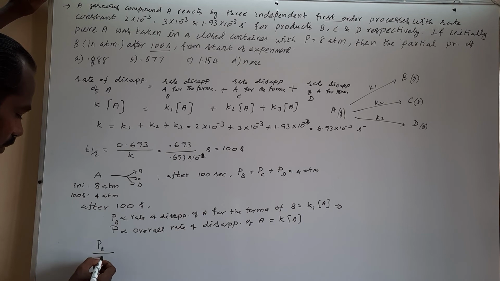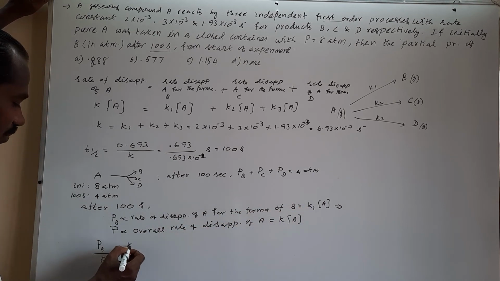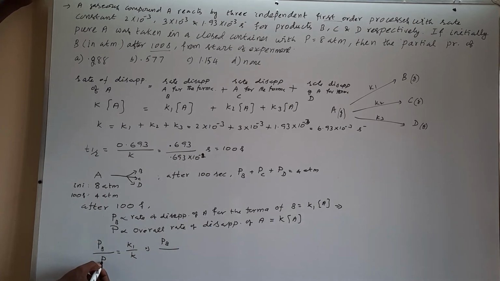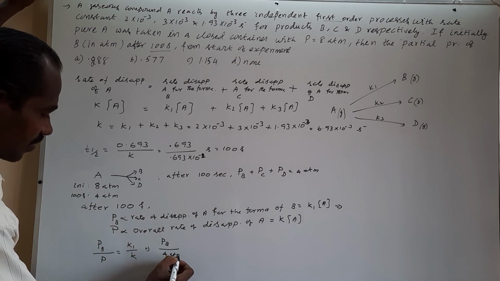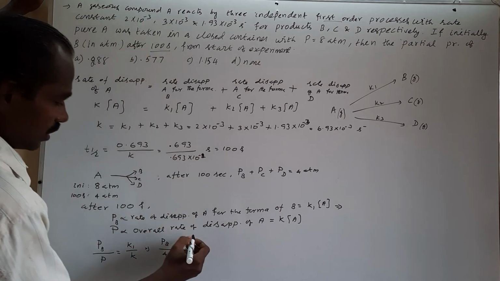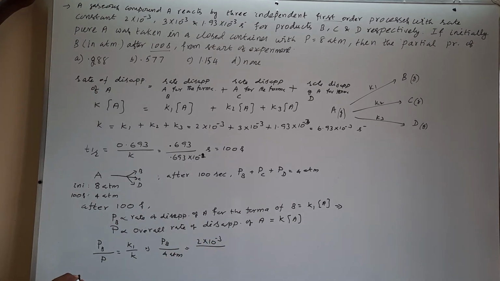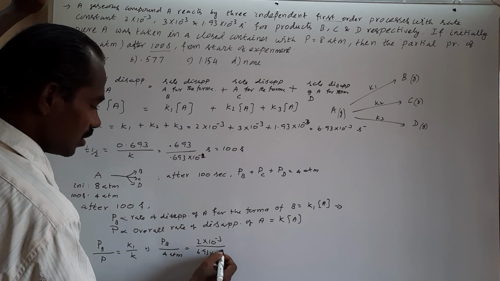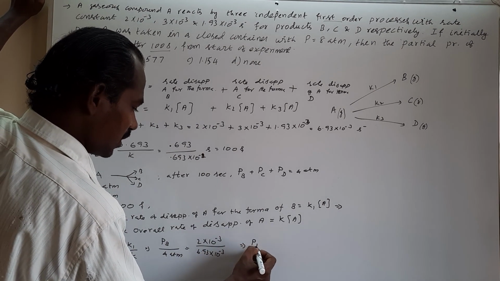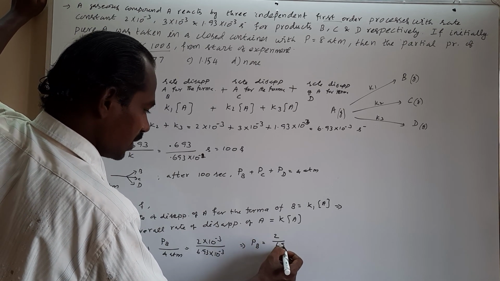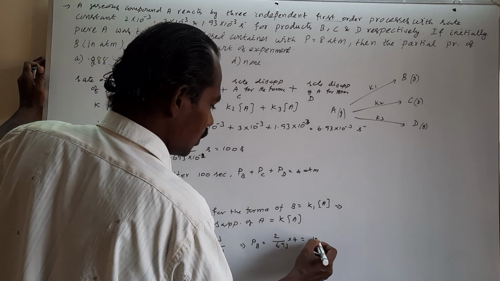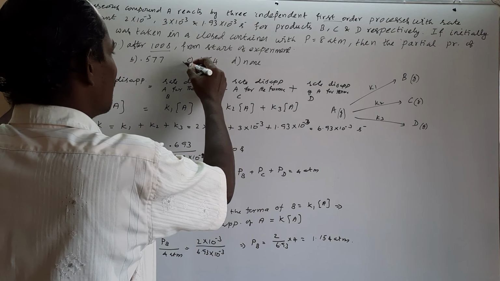The partial pressure of B by the overall pressure is equal to K1 by K, as the proportionality constant gets cancelled. The overall pressure is 4 atmosphere, K1 is 2 into 10 power minus 3, and K is 6.93 into 10 power minus 3. So the partial pressure of B is equal to 2 by 6.93 into 4, which gives 1.154 atmosphere.